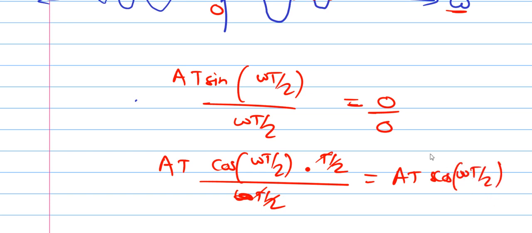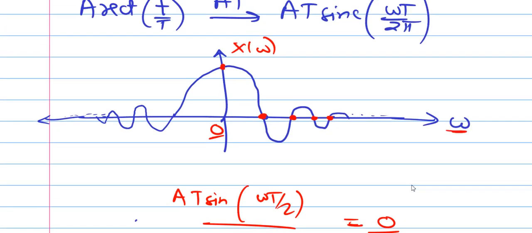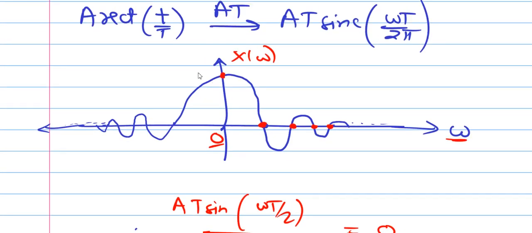Now omega value is 0, so cos 0 is 1. So what value did we get? At omega equal to 0, the amplitude is A t.